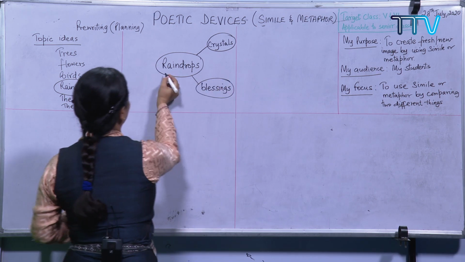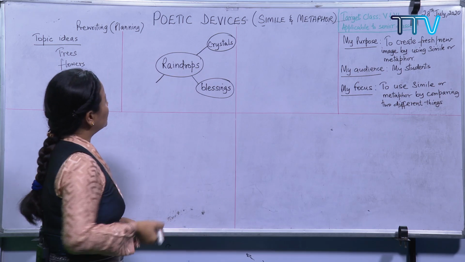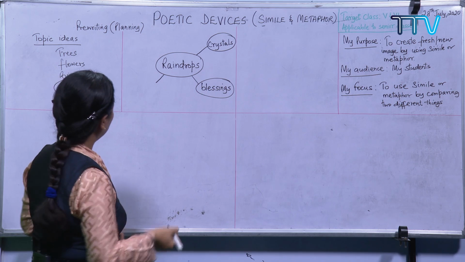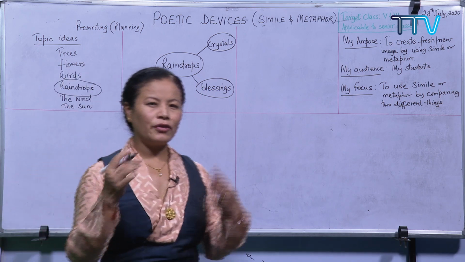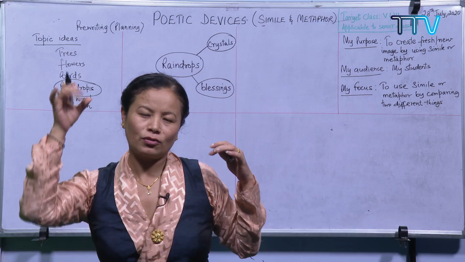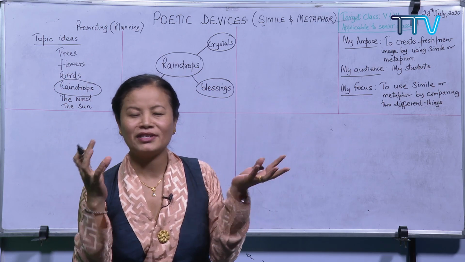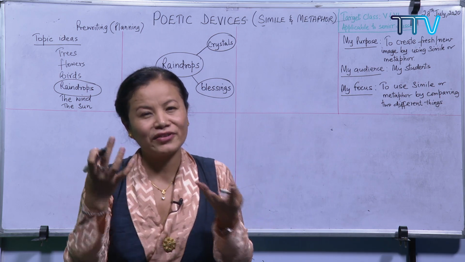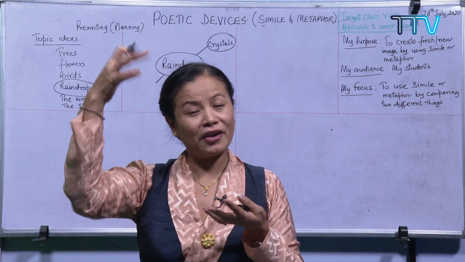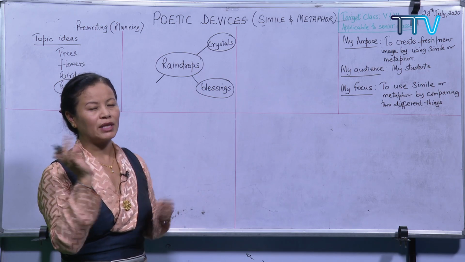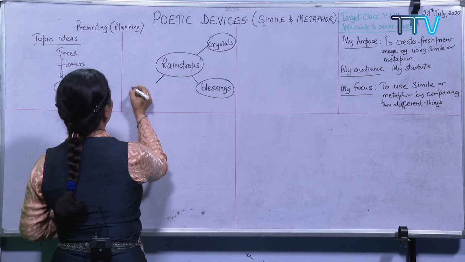What else? Crystals, blessings. Have you ever tried to listen to the sounds produced by raindrops? You hear different sounds. There's a music, there's a rhythm, there's a beat in every raindrop that falls. So I can think of raindrops as musicians.